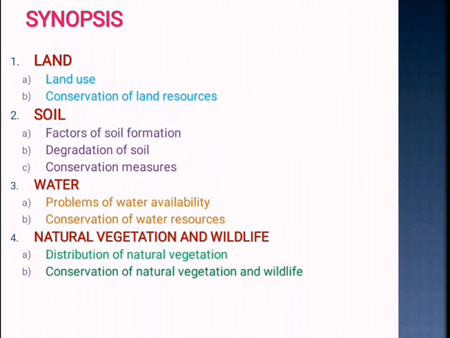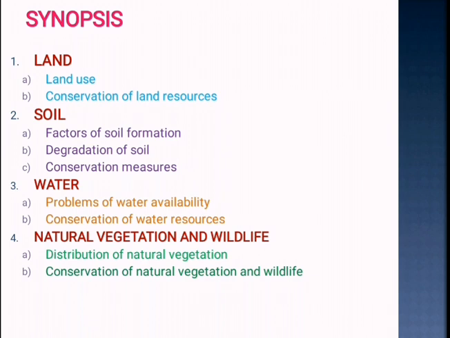This chapter is mainly divided into four main parts. First one, land: land use and conservation of land resources. Second, soil: factors of soil formation, degradation of soil, conservation measures.